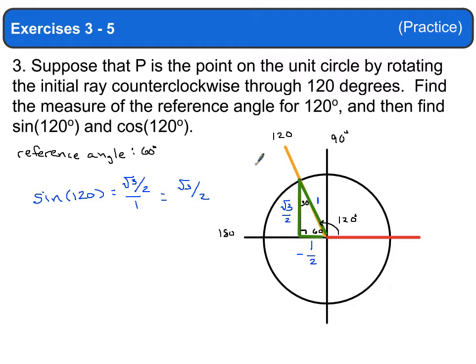Remember, everything in this quadrant is negative, positive, so we would expect our sine value to be positive. Now when we do cosine, the cosine of 120, that is going to be adjacent. My adjacent is negative 1/2 over 1. And so then I'm going to get negative 1/2.